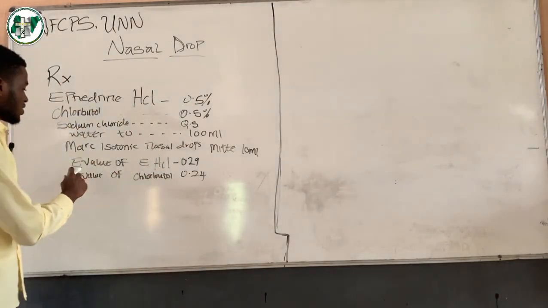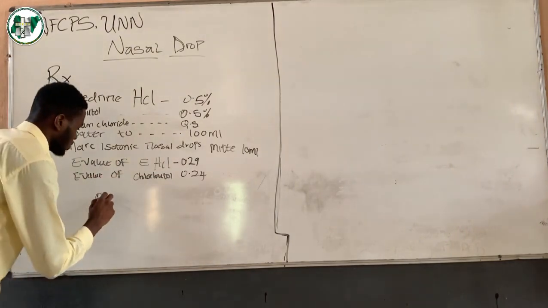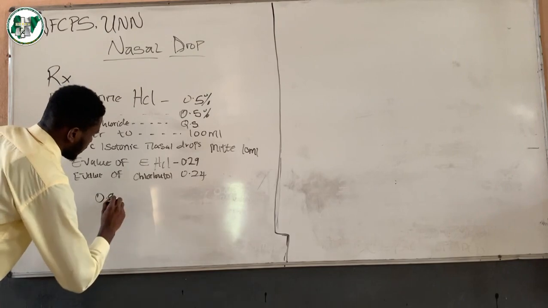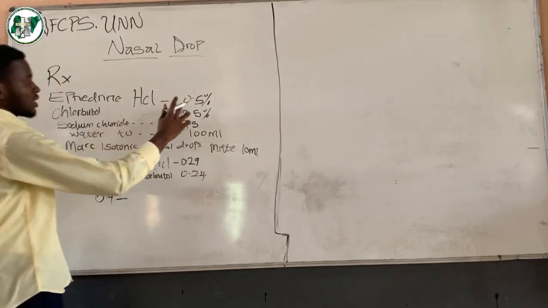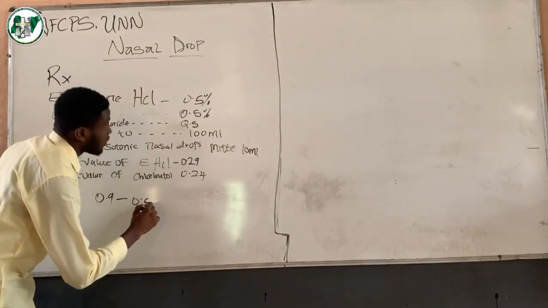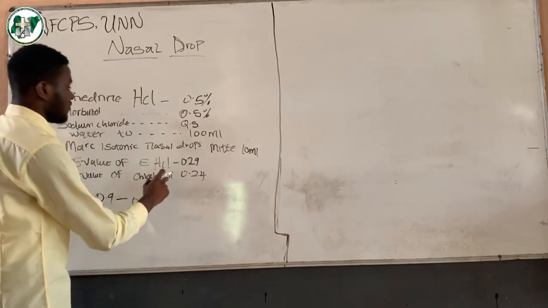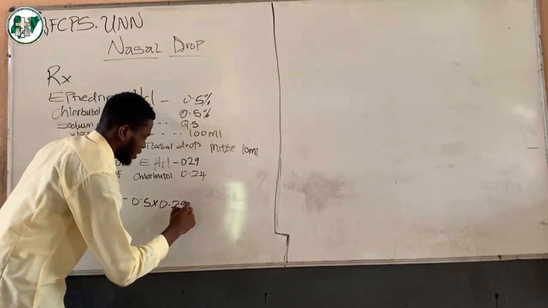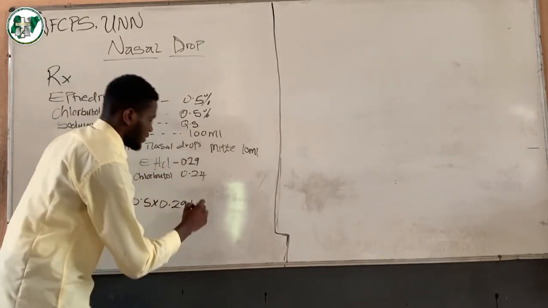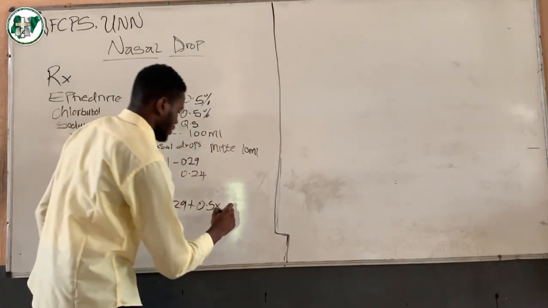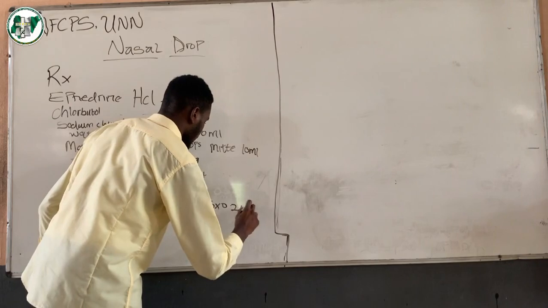The amount of sodium chloride using the E value method is going to be 0.9 minus the concentration of ephedrine hydrochloride, which is 0.5, multiplied by the E value of ephedrine hydrochloride, which is 0.29, plus 0.5 multiplied by 0.24.